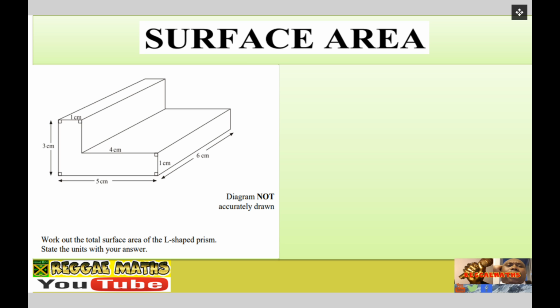So if I sketch the L shape here first: 5, 3, 4, 1, 1. Okay, and then work out the answer, times it by 2, because both L shapes are the same.